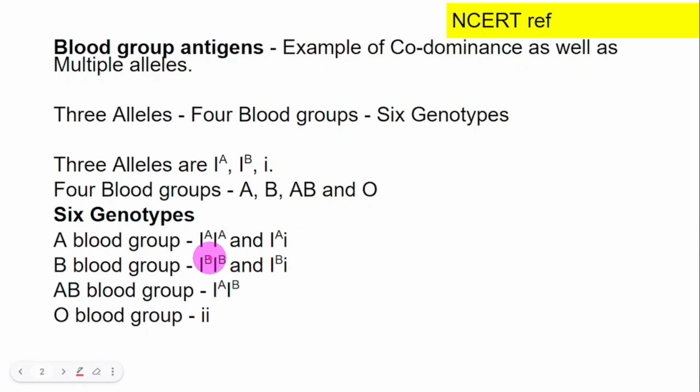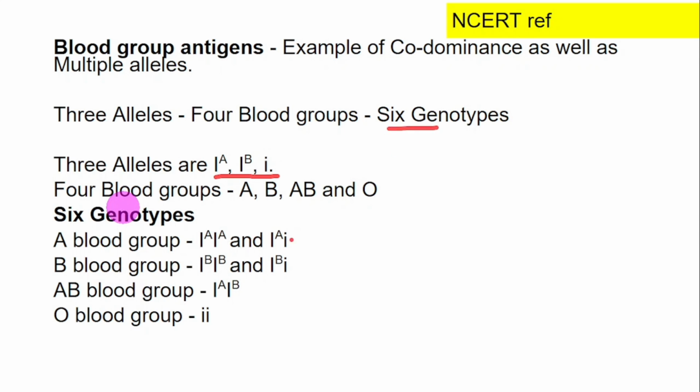If only A is present, the blood group will be A blood group. If only B is present, it will be B blood group. And when both the alleles are recessive, it will be O blood group. So the beautiful concept here is that these three alleles give rise to six genotypes.